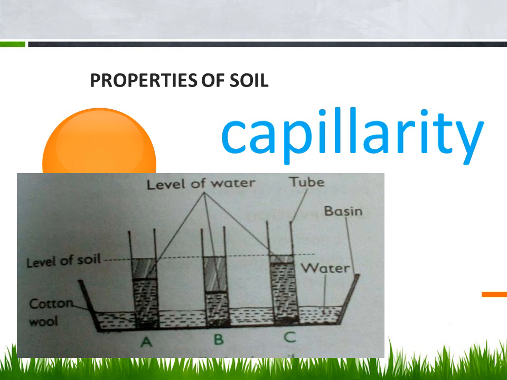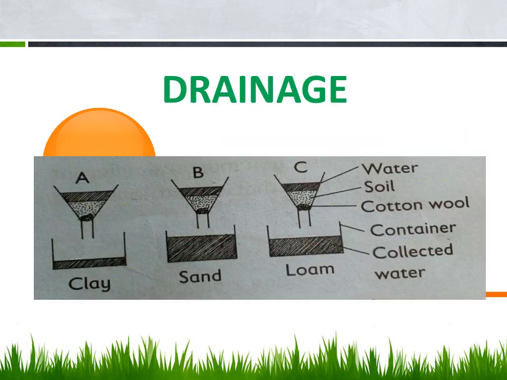Pupils, let us now move to drainage. In class 5, I defined this. What is drainage? Drainage is the ability of water to pass through soil. Pupils, drainage is the ability of water to pass through soil.